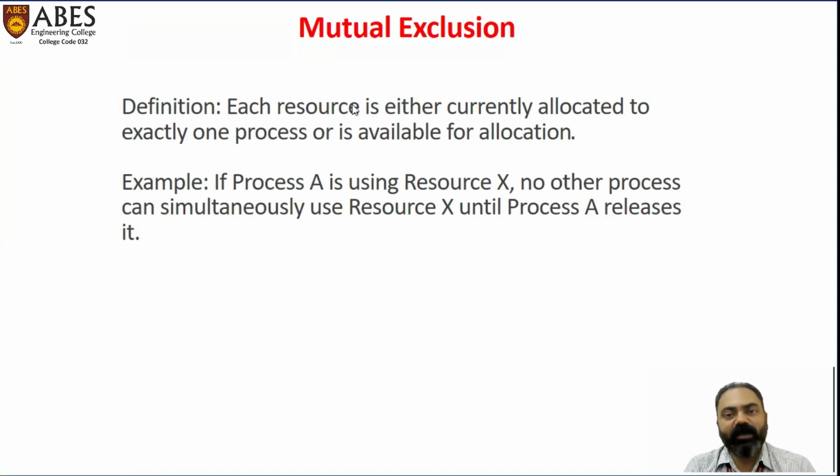Now, this says that if some process gets a resource, then it will release it when it completely executes, and no other process can share that resource until that process terminates. So this situation is not good for a system. This situation can lead to a deadlock.